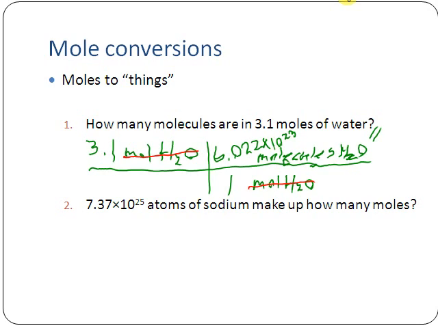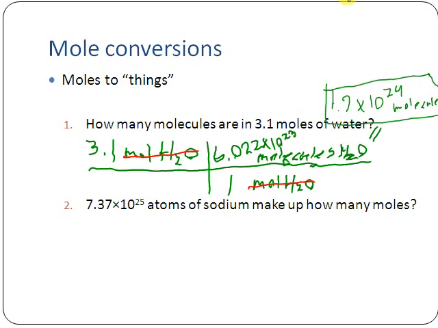It'll actually be 1.9, because to make sure of significant figures, we have 2 significant figures sitting over there. So we'd say 1.9 times 10 to the 24th molecules, and that would be the answer. That's how you're going to set up one of these.